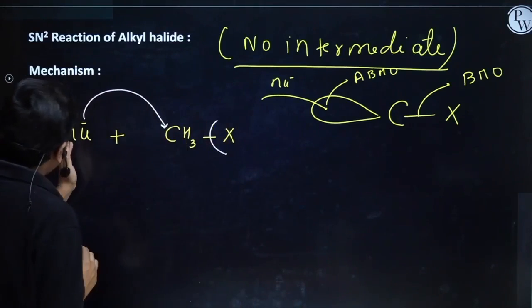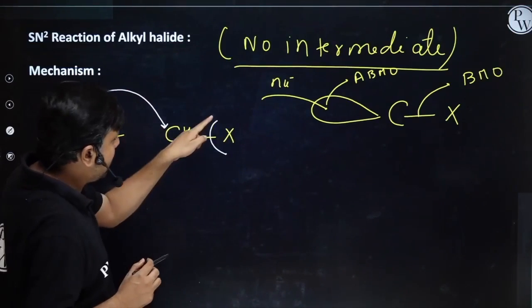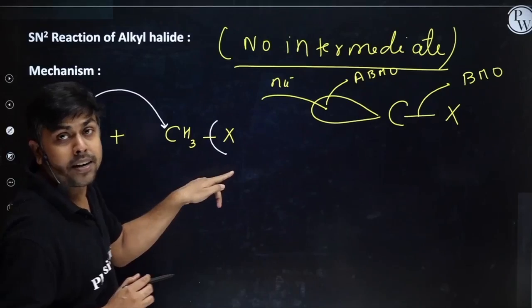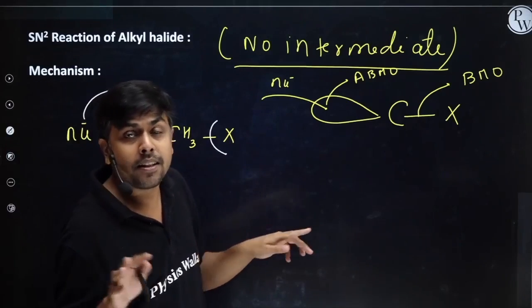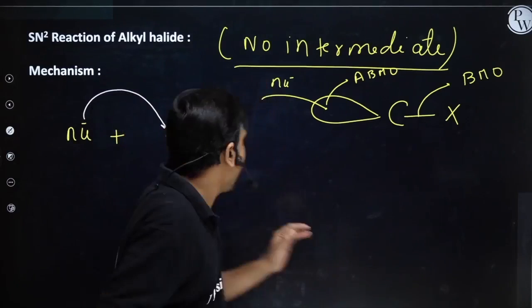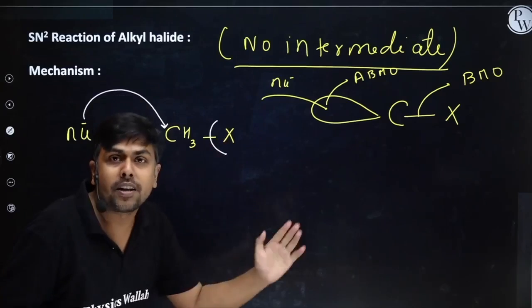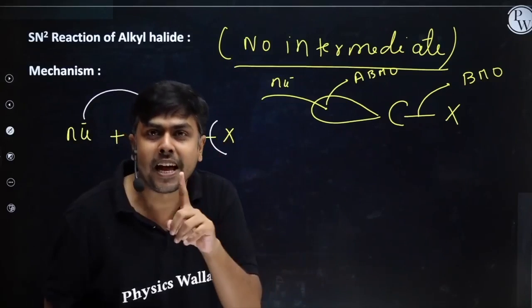Now, as soon as this nucleophile approaches this electrophilic center, the halogen departs in the form of a halide ion, and both processes occur simultaneously. As the Nu-C bond is getting formed, the C-X bond is getting cleaved. Am I clear?